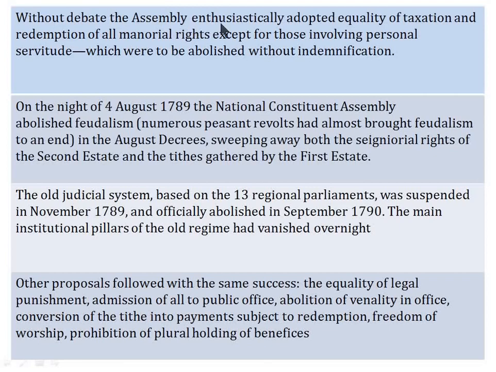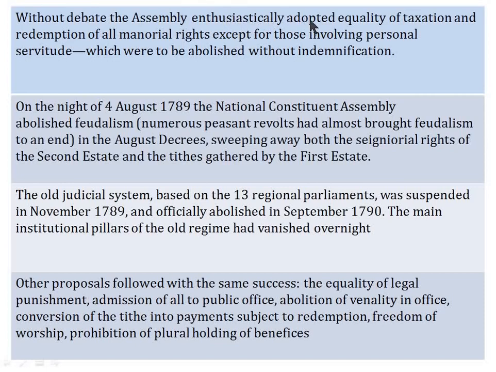Without debate, the Assembly enthusiastically adopted equality of taxation and redemption of all manorial rights except for those involving personal servitude, which were to be abolished without indemnification. So technically I don't know the meaning of all of these. So let's just begin with my technique. Without debate, the assembly. Okay, I know the meaning of enthusiastically, but let's just suppose I don't.